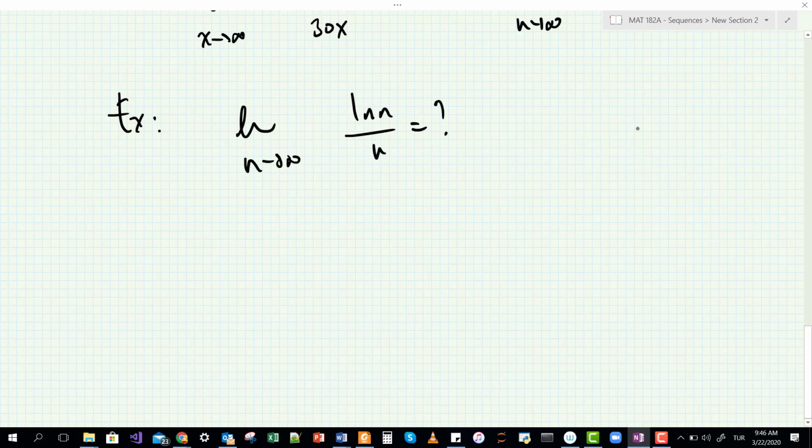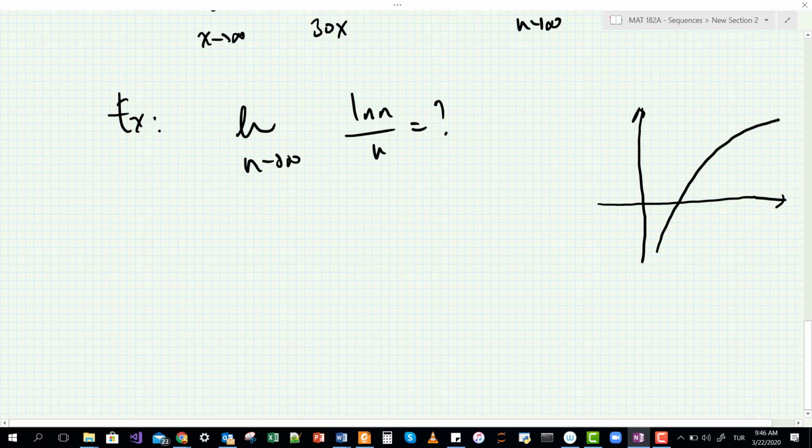How do I know that? If you look at the graph of the ln function, this is a picture of ln n. ln n will do something like that. When n goes to infinity, ln n will go to infinity. And n goes to infinity.